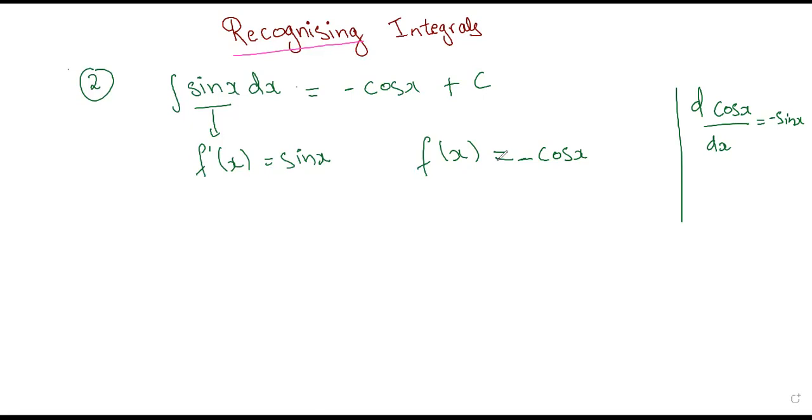Since we wanted sine x as a derivative for a function, we used minus cos x. What is the derivative of minus cos x? Sine x. Very good. Do you understand it now? Yes. Okay.